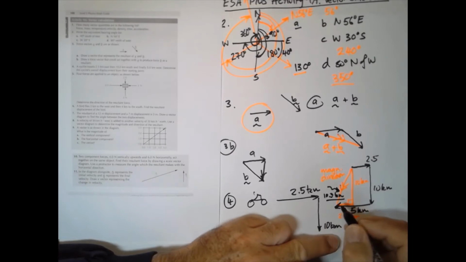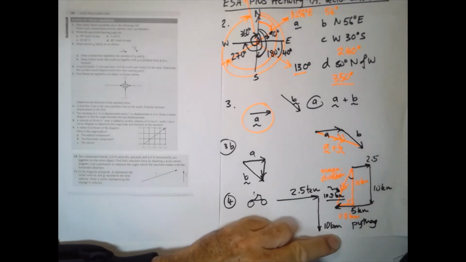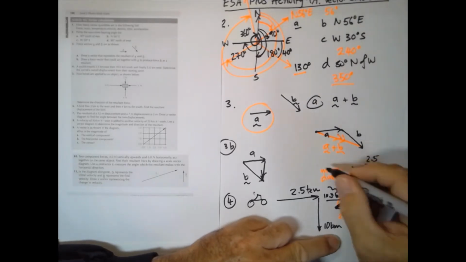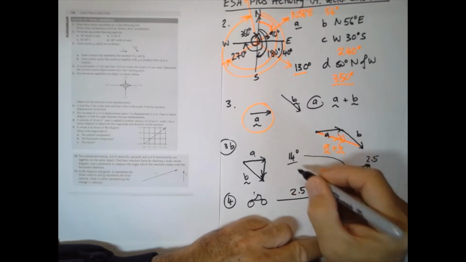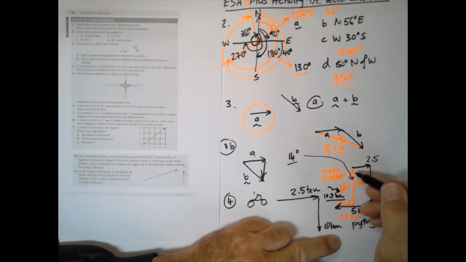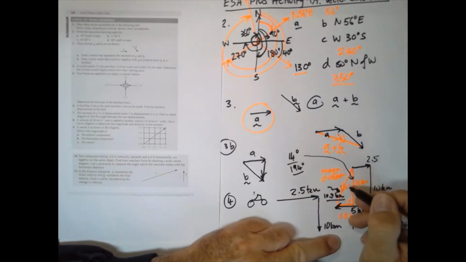Then we will use some trigonometry to find this angle here, and we'll come up with 14 degrees. So what's the displacement? The displacement is 14 degrees west of south, so that's a bearing of 180 plus 14 is 194 degrees, a bearing of 194, and a distance of 10.3 kilometers.